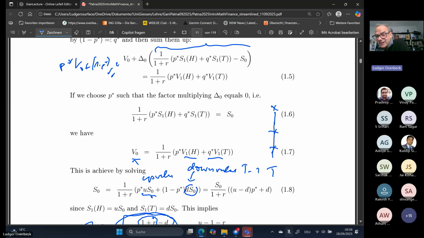You don't need to know it in order to get the value of the asset by a replication argument in an arbitrage-free market. You get the value of the replicating portfolio by this martingale measure, this P star. But actually, you don't need to know delta 0. So if you are lazy, you just sell as a banker, and that is a problem of risk management at the end.